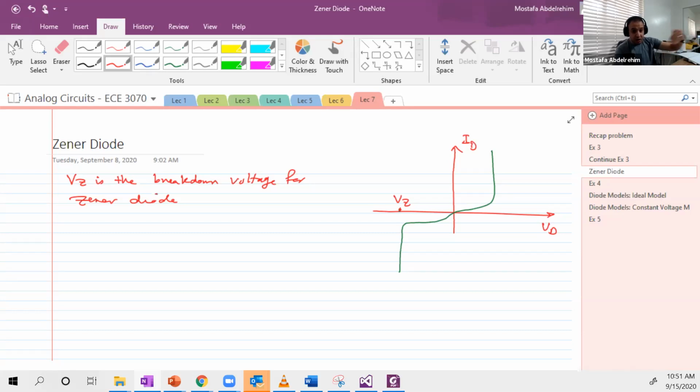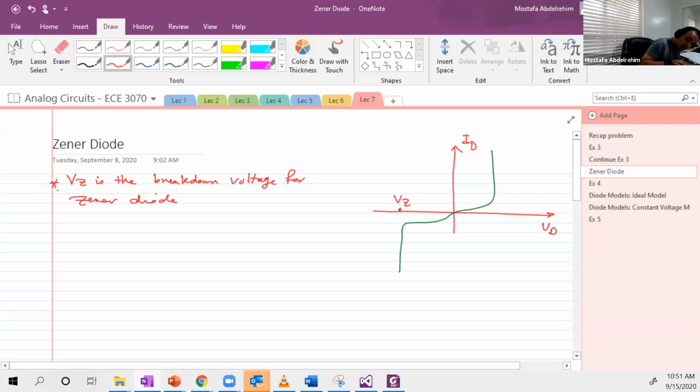Tomorrow in our lab, we're going to see the Zener diode and some of its characteristics, and also one of its applications. I'm just bringing that to your attention in this lecture.